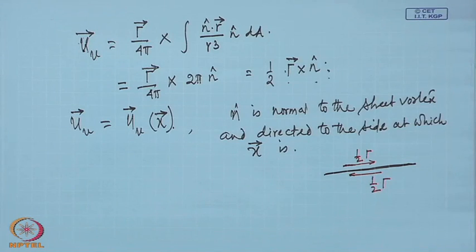So, what do we have now? Across this sheet vortex there is a jump in the velocity: the velocity component which is parallel to the sheet suffers a jump by a magnitude of gamma, which is the strength of the sheet vortex.